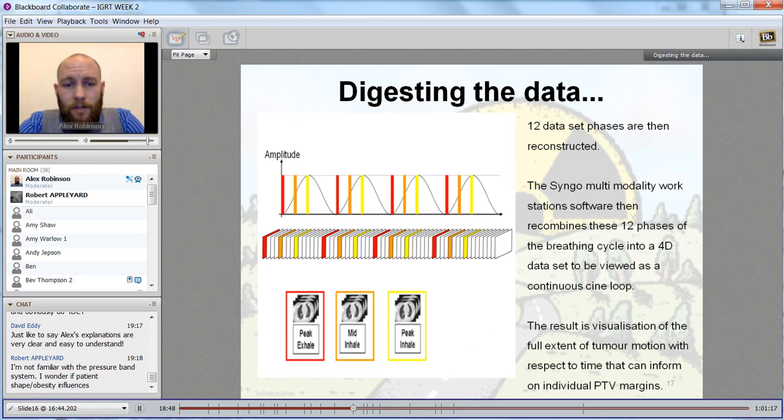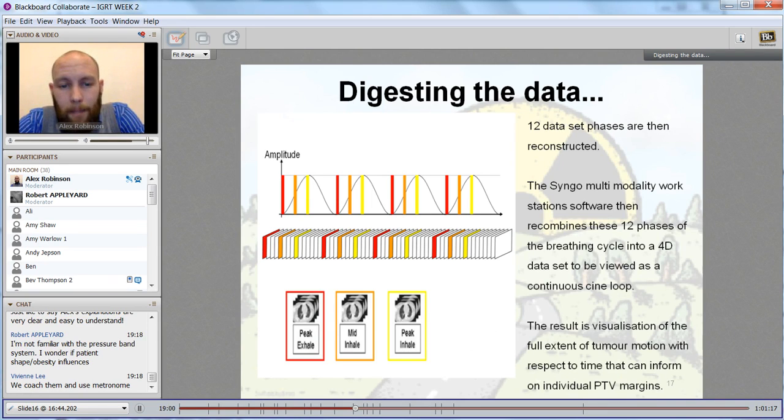As I mentioned, what the scanner then does is pull the information together. You can see on this slide that the red slices all get collated and pulled into one aspect, then the next slide and so forth. At Leeds, they did it for 12 phases. Some departments do more, some do less.